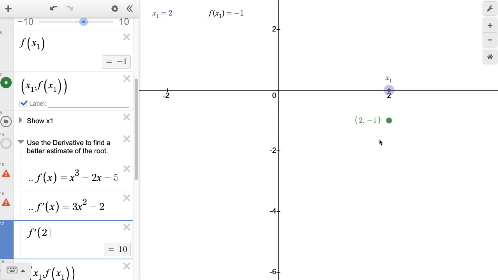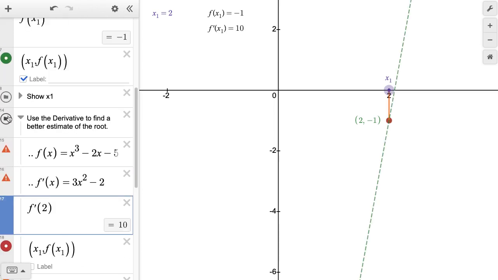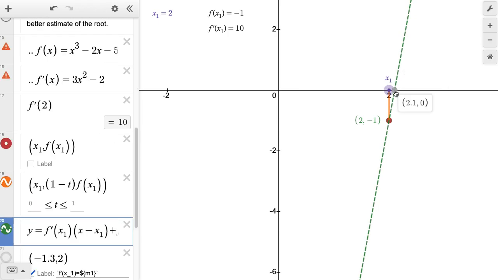So I can think of a line with a slope of 10, and I'm going to put that line in there. There's my line with slope 10. And what I'm going to do is ask, what is the 0 of this line? And I'm going to allow that point to be my new guess for my root.